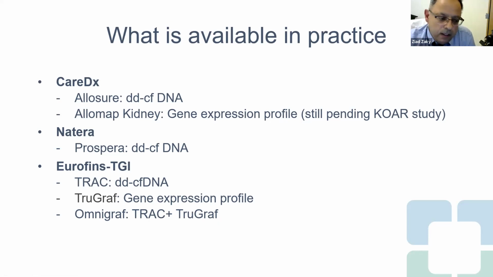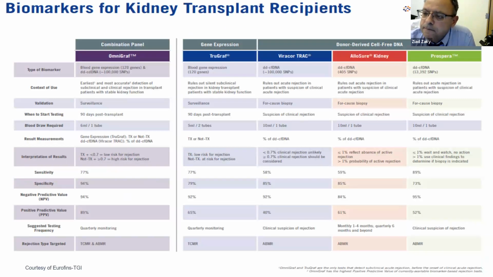Now, a lot of us will ask which one to use, which one is more specific, which one more sensitive. There is no right or wrong answer. But the next slide is a bit busy, but it has a kind of résumé. On the right side, you have donor-derived cell-free DNA. You have the 3 types available: TRAC, AlloSure, and Prospera.